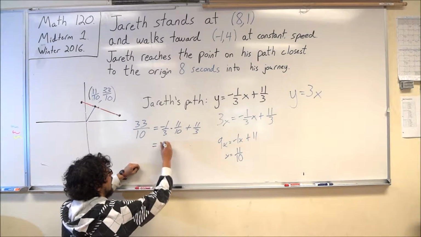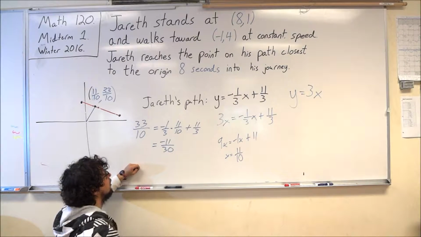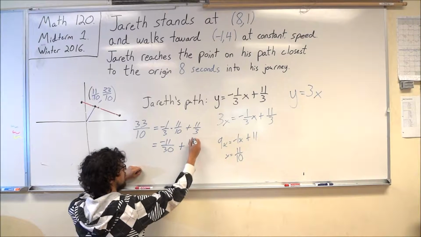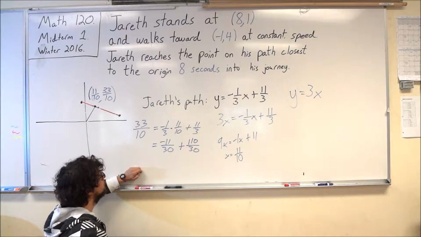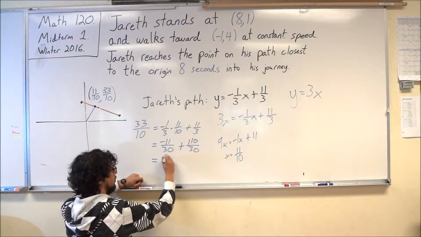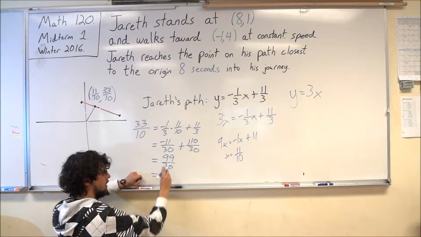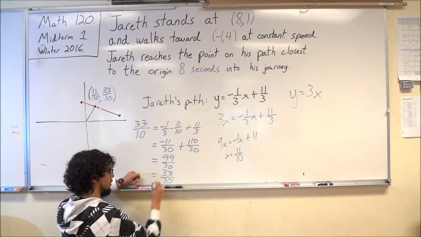On the right-hand side, I have negative 11/30, and let me write this as also plus 110/30. This is going to reduce to 99/30, which I can now divide by 3 and find that this is 33/10.